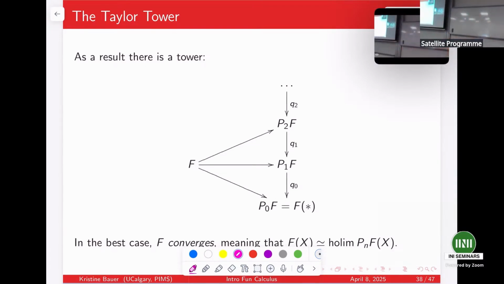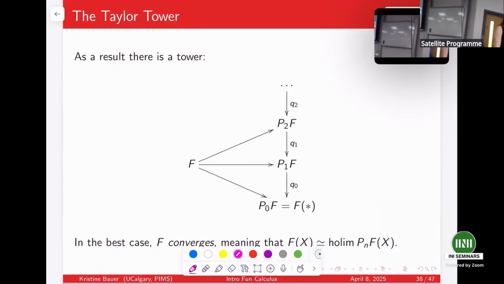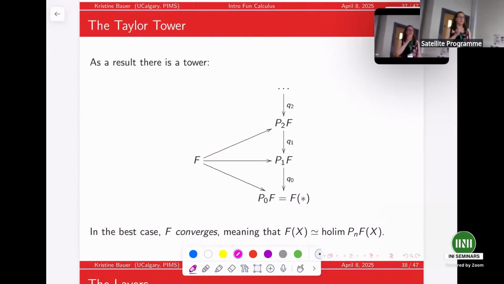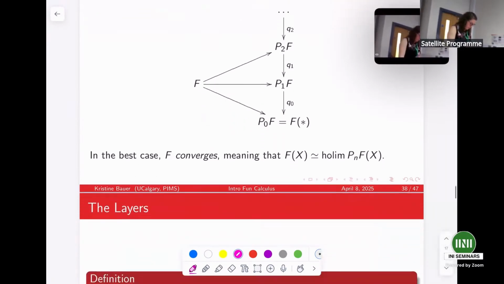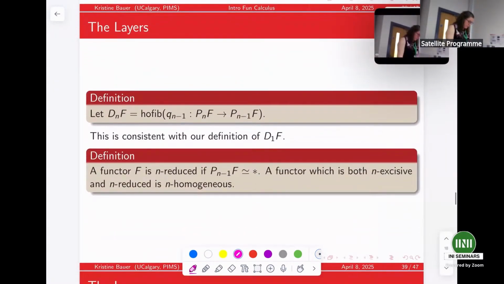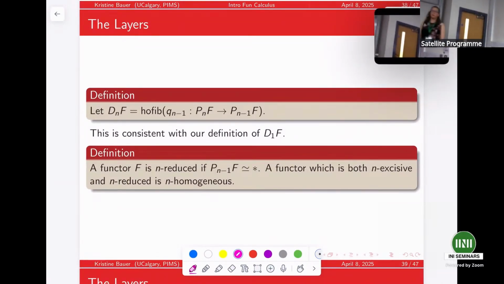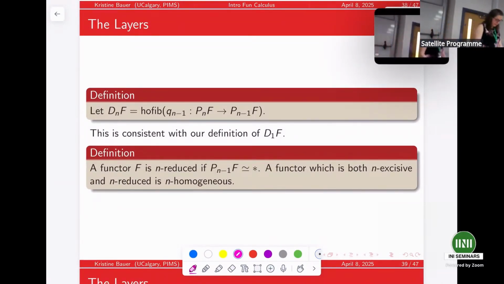Okay, now it says the Taylor Tower. And I'm very grateful because Connor introduced why this is called the Taylor Tower yesterday, but I feel like I should tell you a little bit more. So we're going to define some layers. For each of those maps from Pn to Pn minus 1, I can take the homotopy fiber. I think I haven't said homotopy fiber yet.